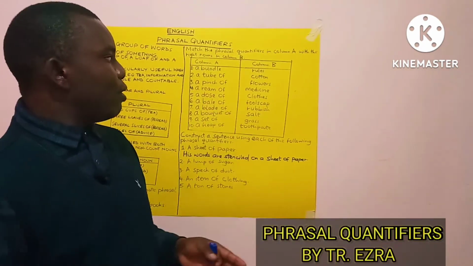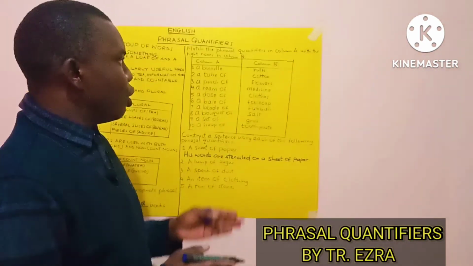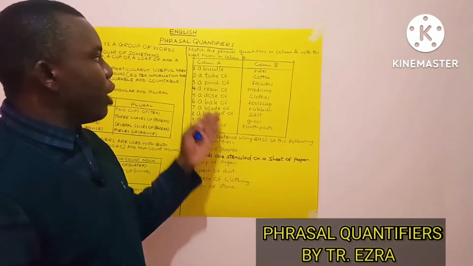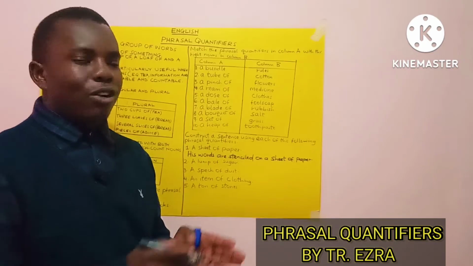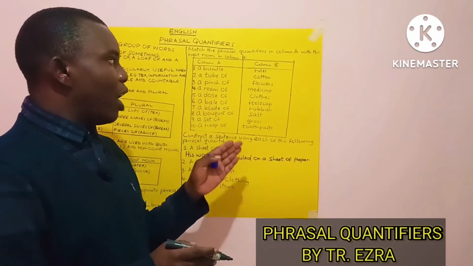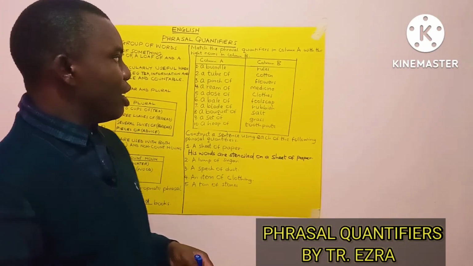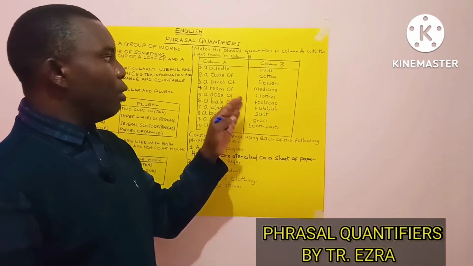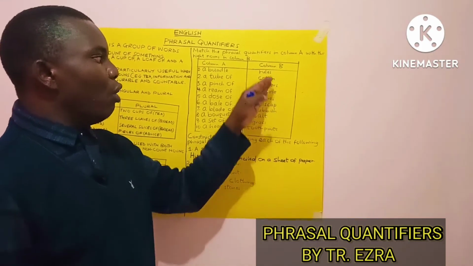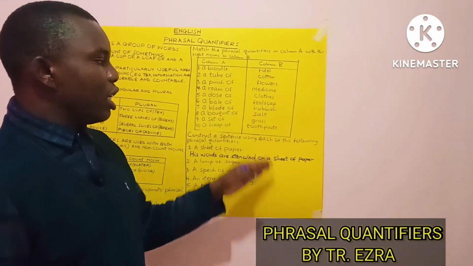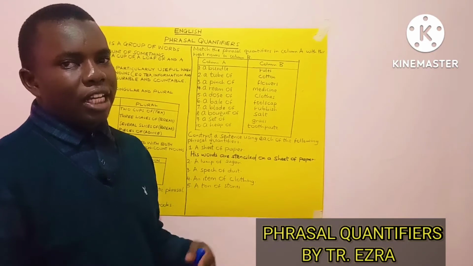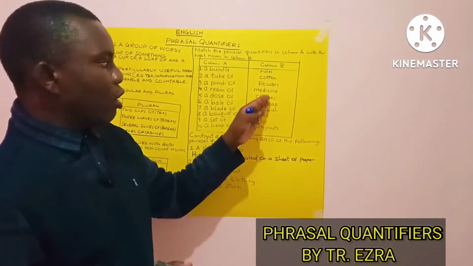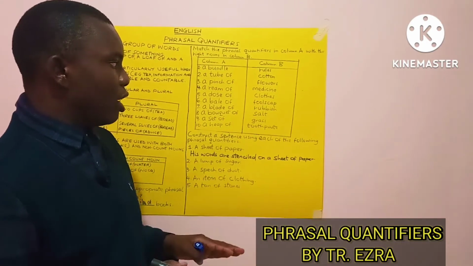We also have a table with 2 columns, and the instruction is that we are to match the phrasal quantifiers in column A with the right nouns in column B. Number 1, we have a bundle, so we will go through the nouns in column B to see the noun that can correspond to the phrasal quantifier.